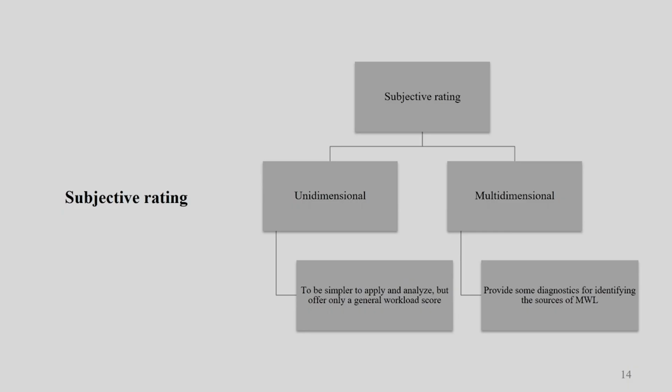Okay, here for the unidimensional, it's a very general workload score. So it says yes, there is a mental workload, whereas in the multidimensional there is a chance that you get a direction on what the sources of that mental workload are. Okay, so that is the difference.